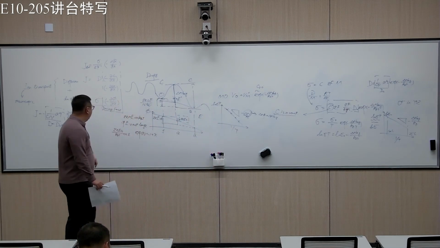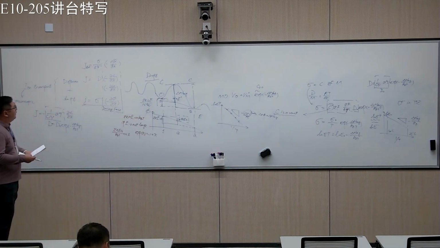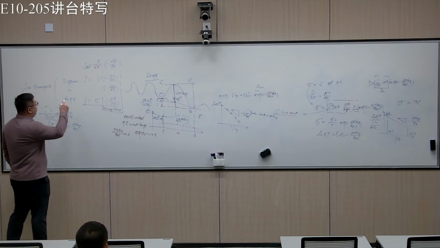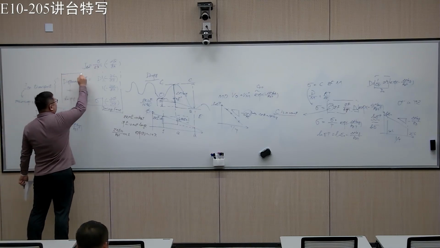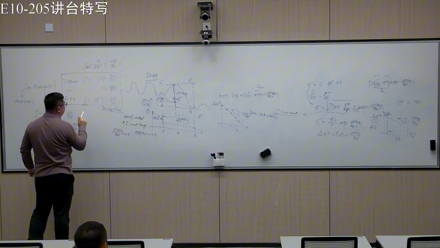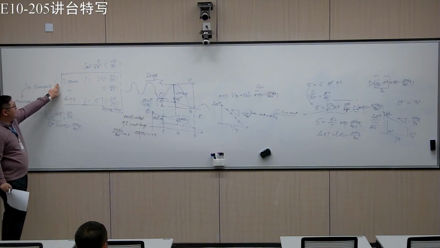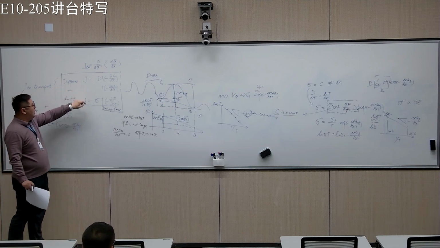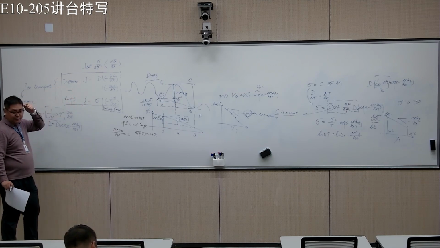Okay, so basically, go back to this picture. Last lecture we talked about only the high-level stuff. Essentially we talked about Fick's first law, which governs the diffusion, and then Ohm's law, which governs the drift.